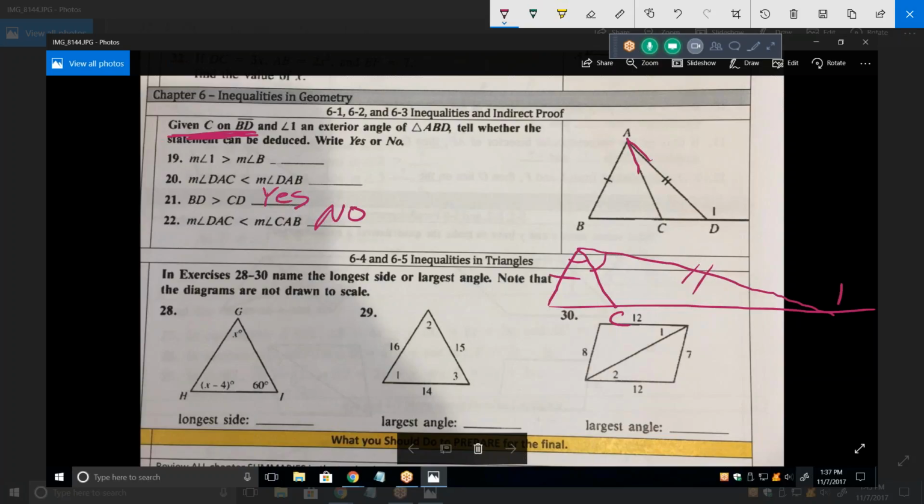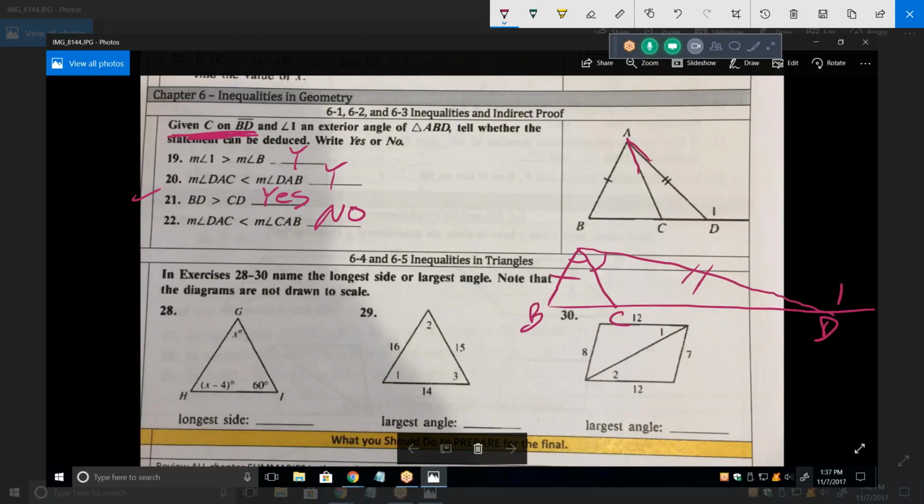I keep misreading 21. I keep wanting to read 21 as BC is greater than CD. It's BD, and BD is always greater than CD, even when I draw it in an exaggerated way. So we got a yes, a yes, a yes, and a no on those four.